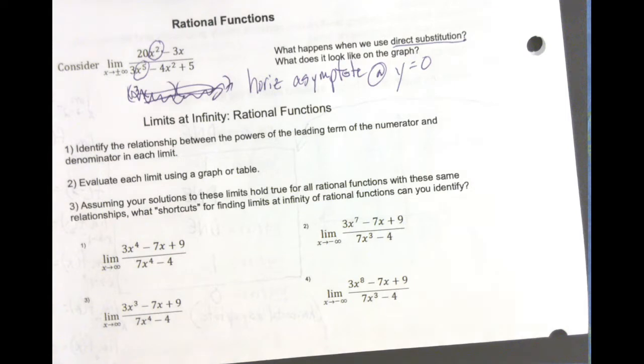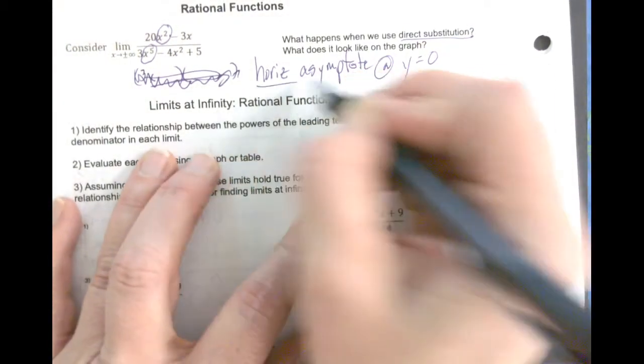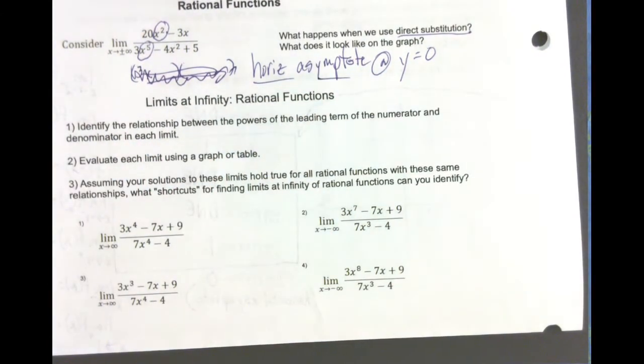When you have a horizontal asymptote, let me make sure you understand what he just asked. When we had horizontal asymptotes, something really disgusting happened, and sometimes the graph would cross that asymptote, right? It would look like your dog has gotten out of the fence. Just broke right on through it.